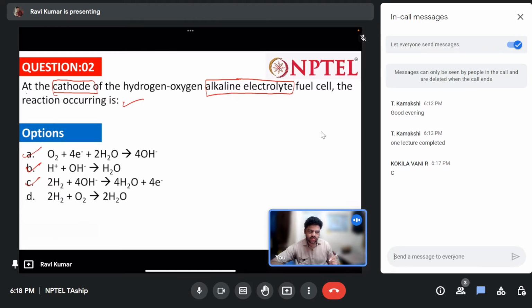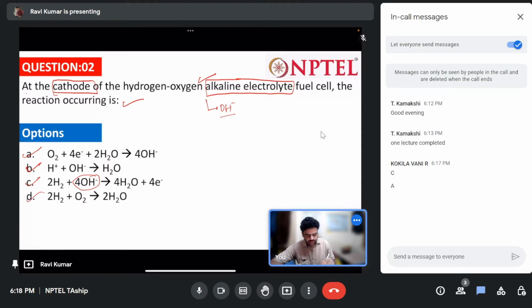Just think once again. This is an alkaline electrolyte, so generation of OH should be here. In C, OH is being consumed. Now would you like to change your answer?